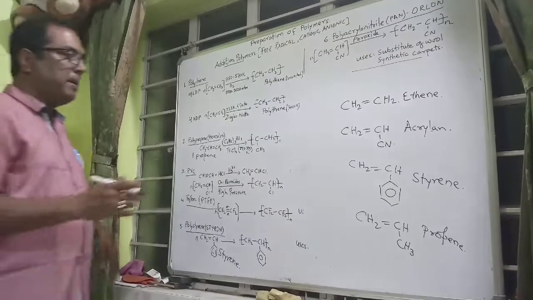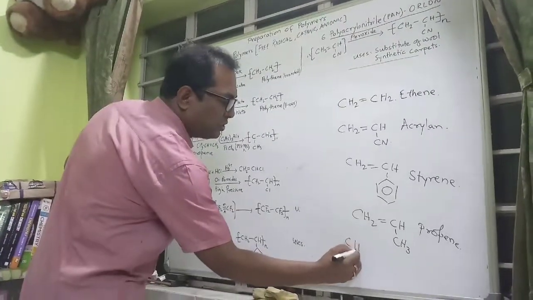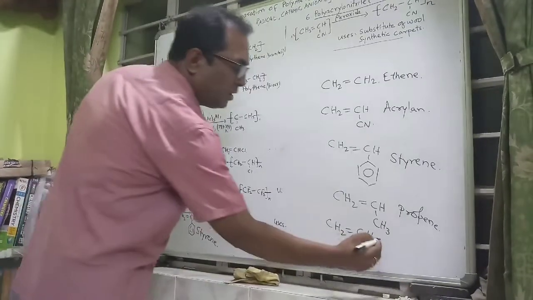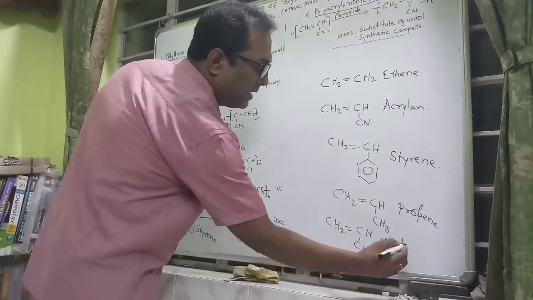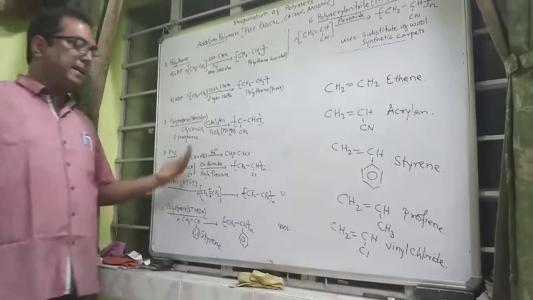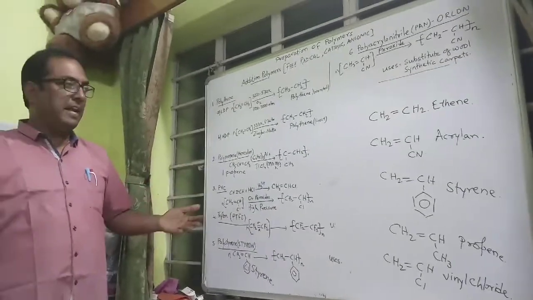Here also, if you take CH2 double bond CH followed by Cl, it is called vinyl chloride, V-I-N-Y-L, and if you multiply it for n number of times, it is called polyvinyl chloride.